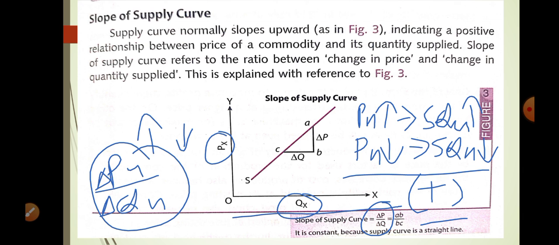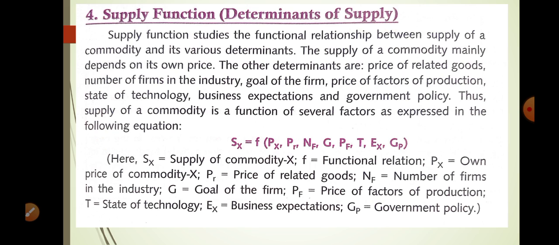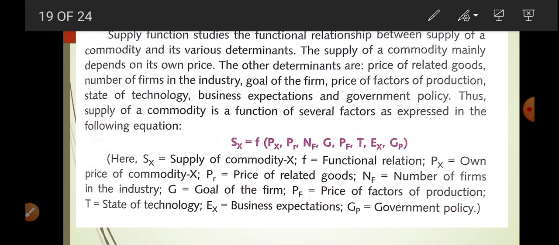Now come to the next and the last topic, that is supply function. What is the supply function? The supply function is a functional relationship between supply of a commodity and various determinants. It explains how many factors affect the supply of a commodity.